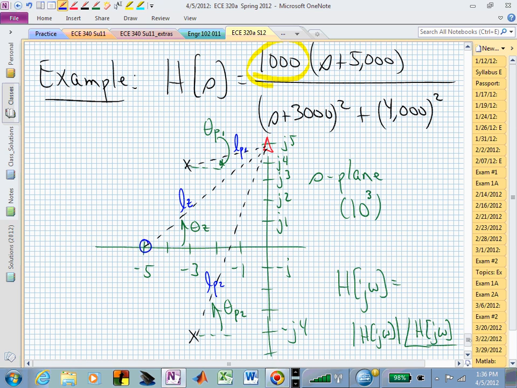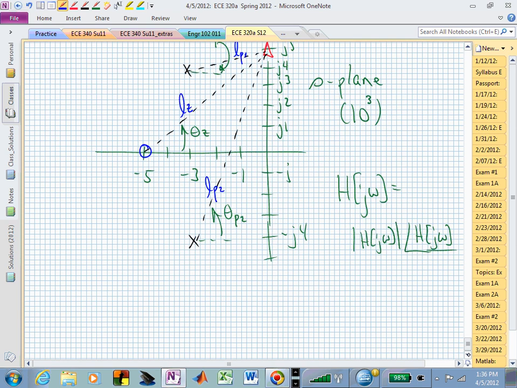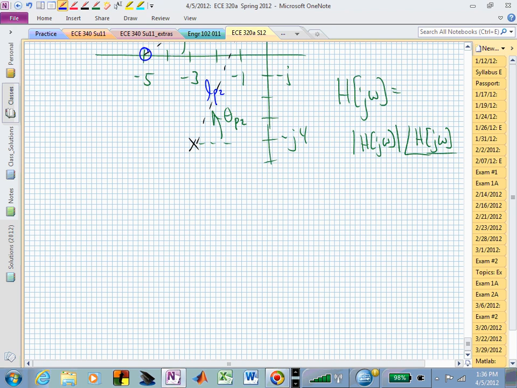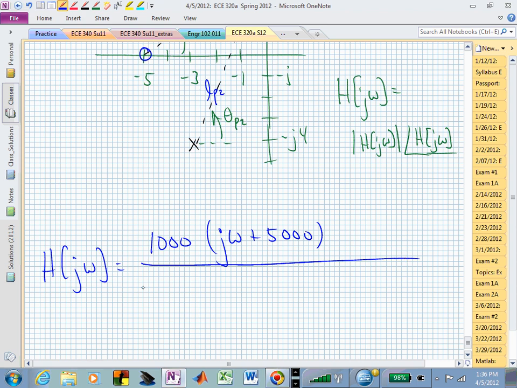Meaning, now I can, from that picture, actually think about what I have when I look at H of j omega. If that omega was something other than 5,000, it would be at some other location omega. And it's now 1,000 over j omega plus 5,000. And downstairs, I have to factor this into my complex factors.